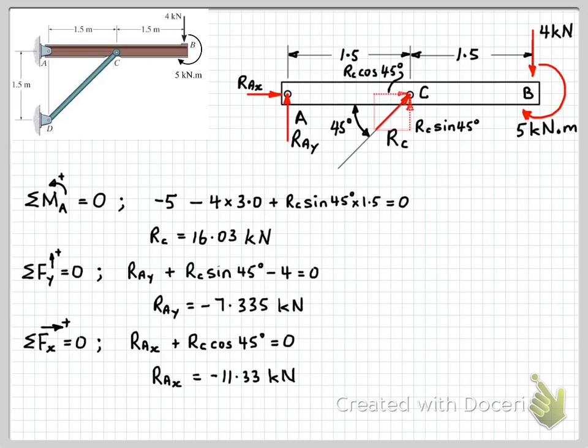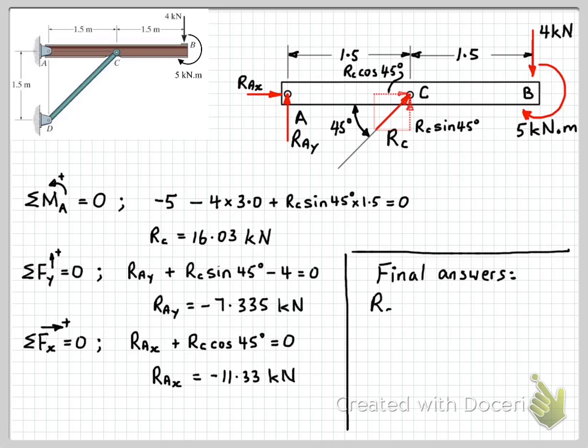Okay, so once we finish that, we now need to round our answers to an appropriate number of significant figures and summarise our findings. So our final answers: RC will be 16.0 kilonewtons. So typically round to 3 significant figures, because that's about the best we can get with most input data.